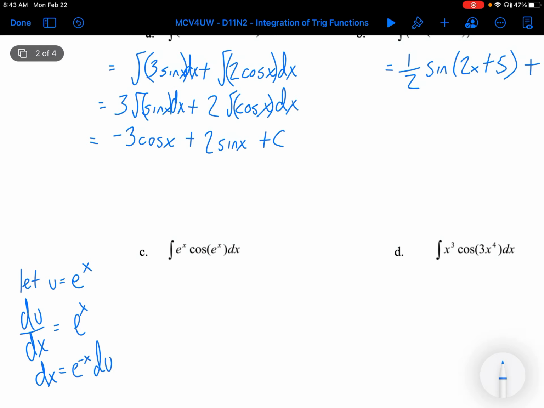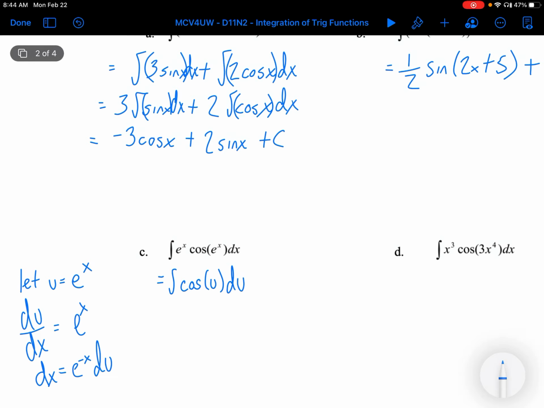So then when we substitute in, we're going to get this. And if you remember back to our integration by substitution, everything should kind of cancel out like that.